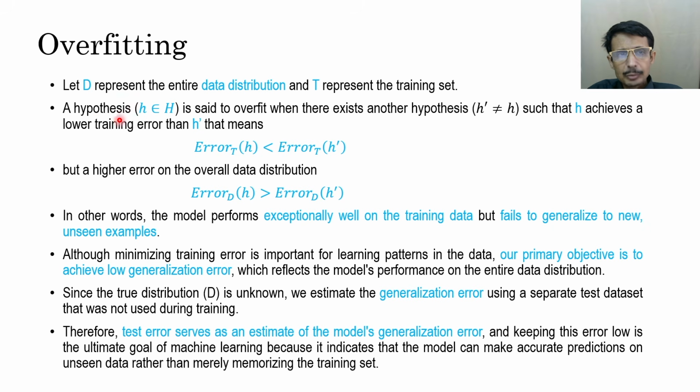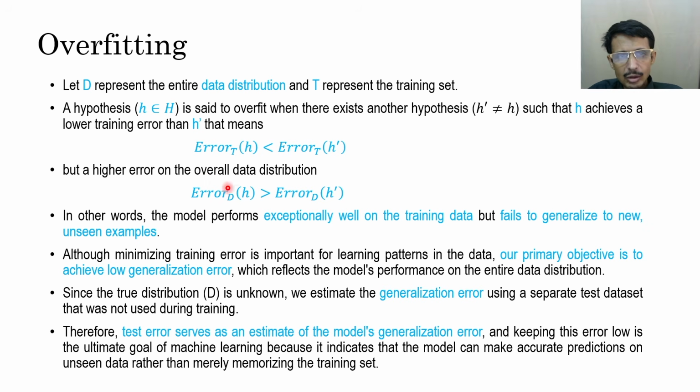Hypothetically, say that a hypothesis H is said to overfit when there exists another hypothesis H bar, other than H, such that H achieves a lower training error, that means the training error is lower for H than for H bar, but a higher error over the entire data distribution. Since we don't have the overall data distribution, a representative of the actual data distribution is the testing data distribution.